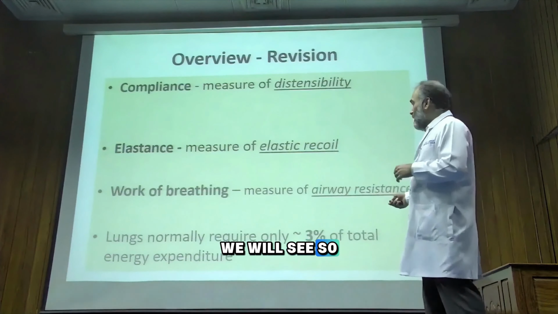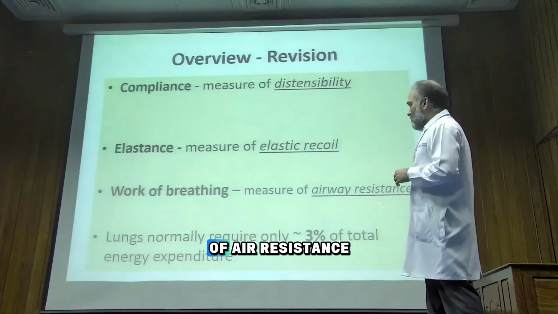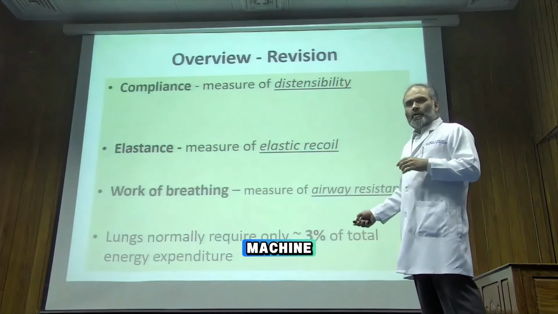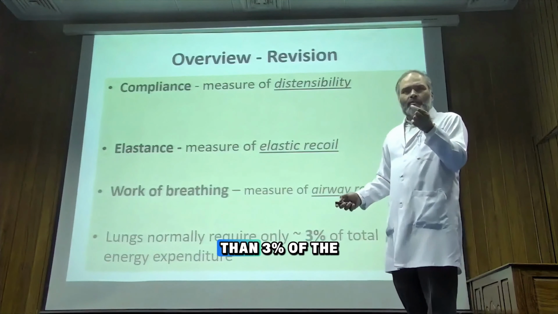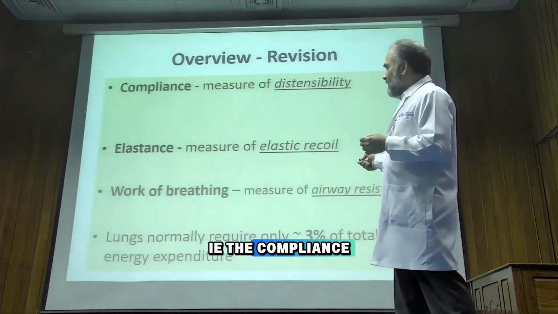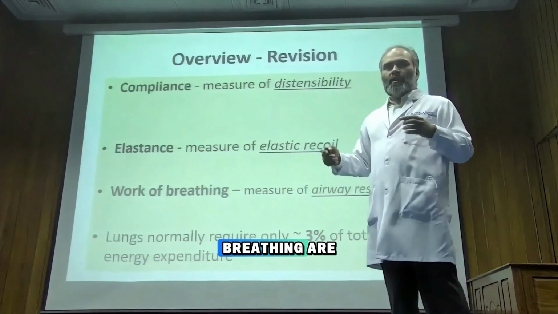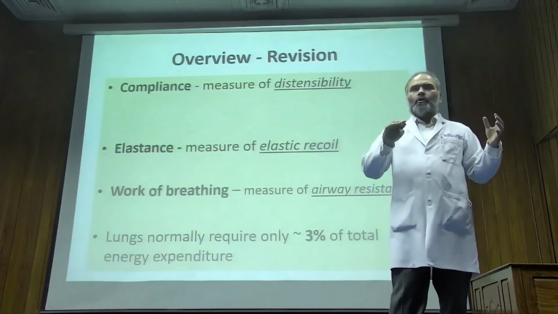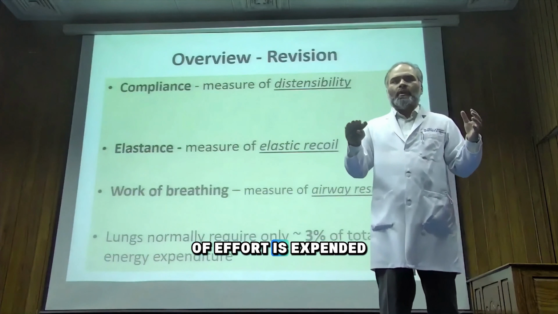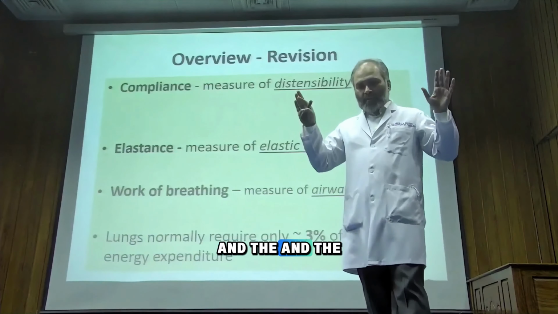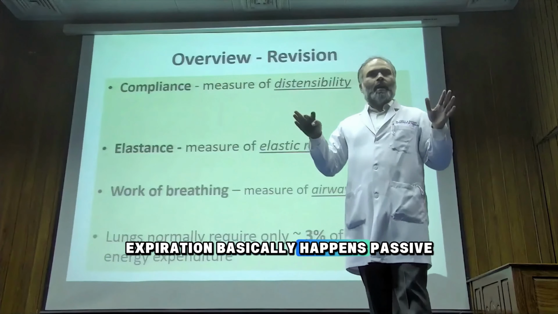We will see. So work of breathing is a measure of air resistance. And normally the lung is a well-oiled machine which only expends less than 3% of the total energy, i.e., the compliance, elastance, and work of breathing are put together in such a way that not a huge amount of effort is expended or required to expand this lung, and the expiration basically happens passively.